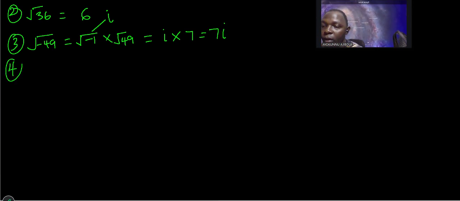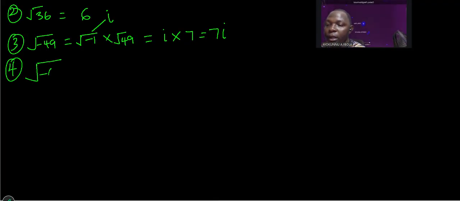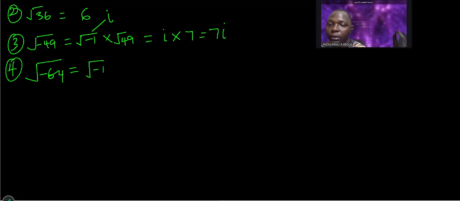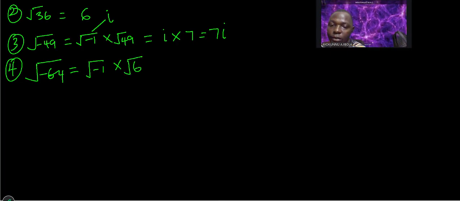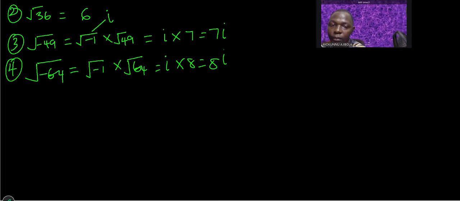Then number 4, let's say we have the square root of minus 64. So obviously this is going to be minus 1 and 64, and this will be i times 8, which is 8i.